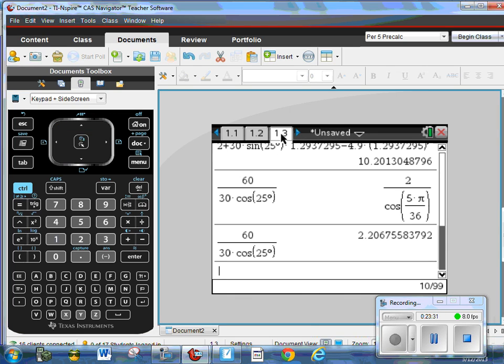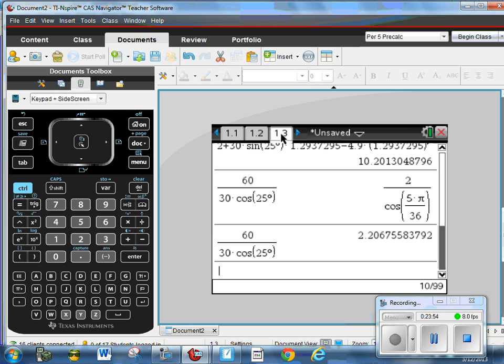First of all, I did 60 divided by 30 cosine of 25 degrees. And now that tells me the time at which the ball is 60 feet away from where it's thrown. Now I want to know how high it is at that time, so I can see if it clears a 5-foot wall. So I just want to know the y coordinate.